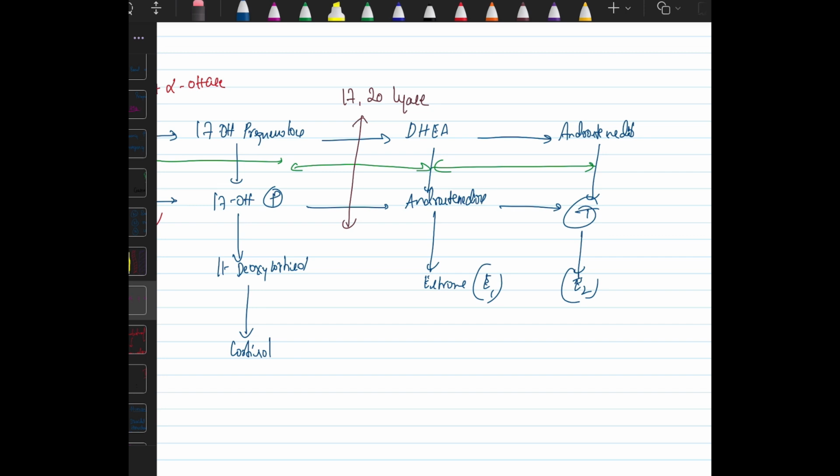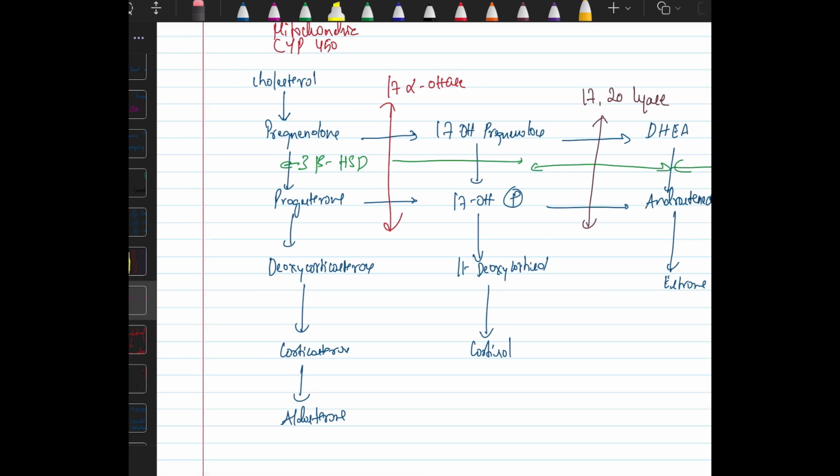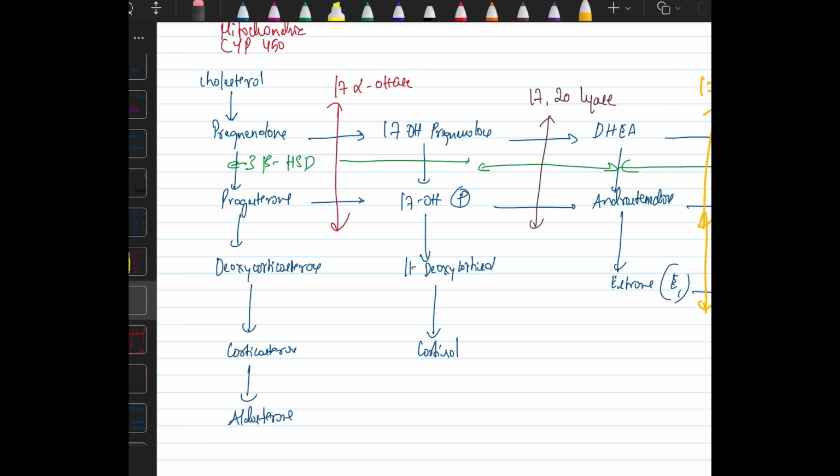And here the enzyme involved is 17 beta hydroxysteroid dehydrogenase. All these steps, this also. Okay, you just have to know certain enzymes and where the enzymes are involved.